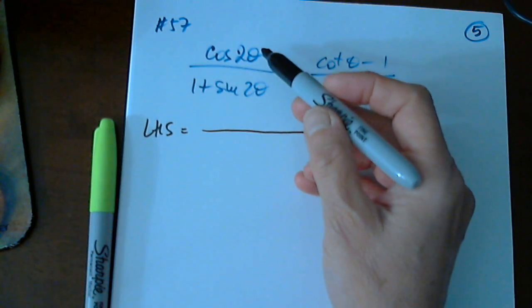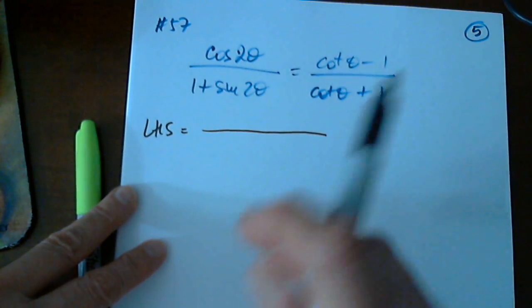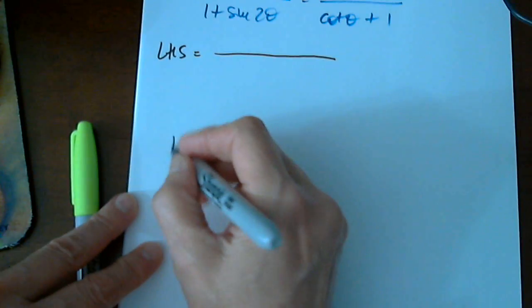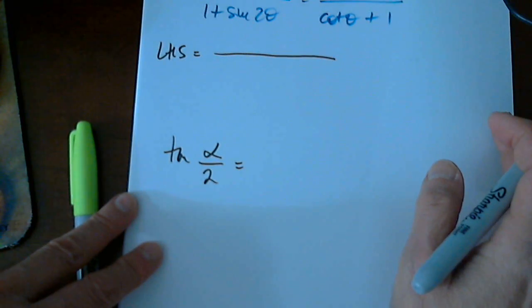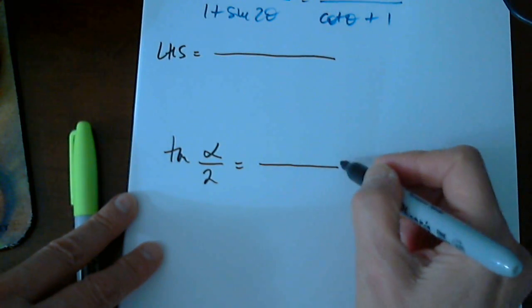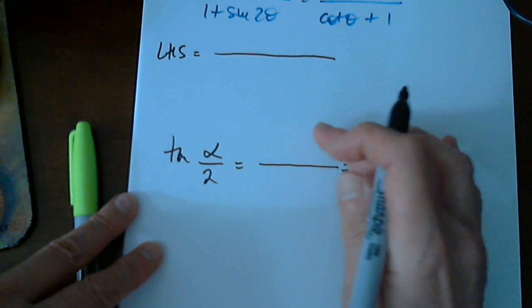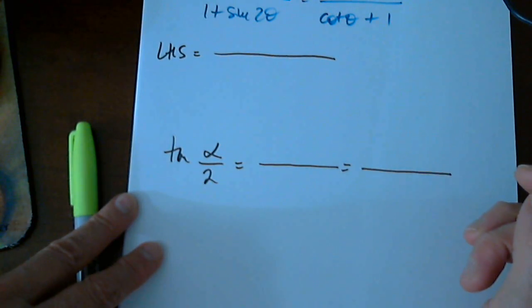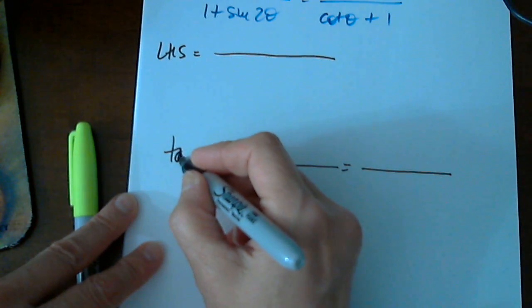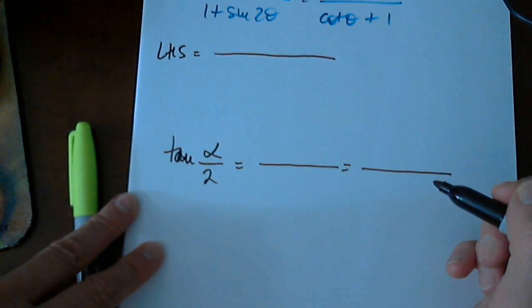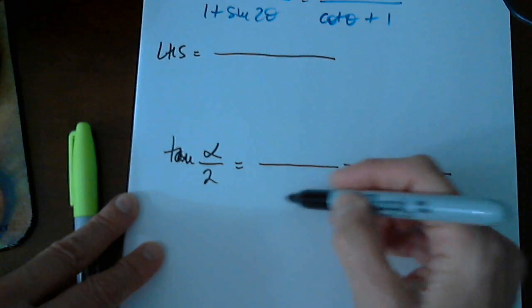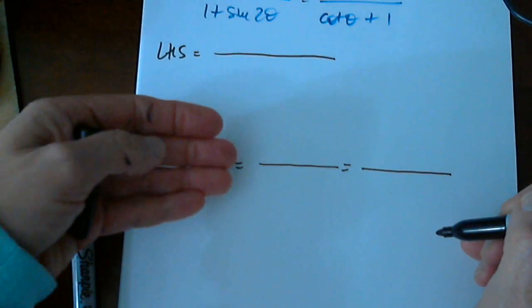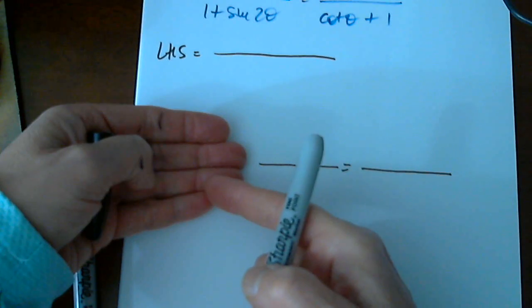Remember we had an identity a long time ago, which was tangent alpha over 2. Does anyone remember the two identities? We had two identities that were equal to tangent alpha over 2. Anyone remembers them? We proved them actually in class. First of all, we proved them without even knowing that they are equal to this.